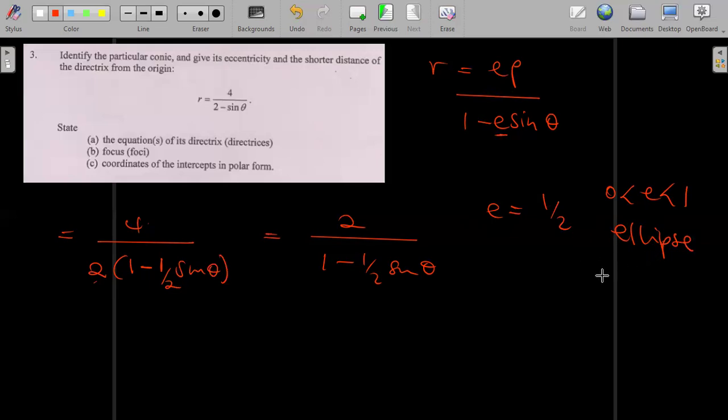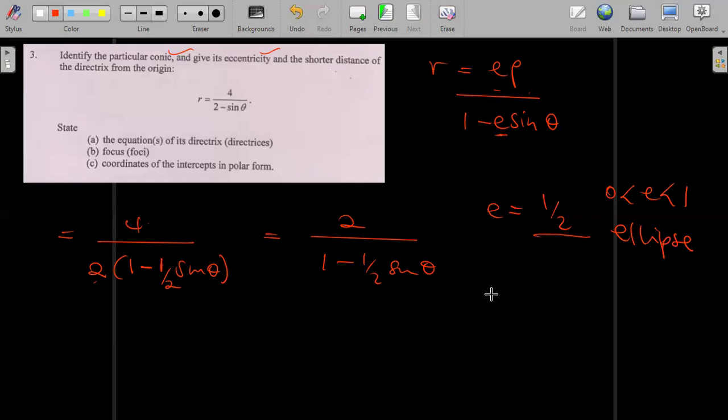So we've identified the conic section, and we found the eccentricity is half. Now let's find the shorter distance from the directrix, which is given by ep, since p is the distance from the directrix to the origin.